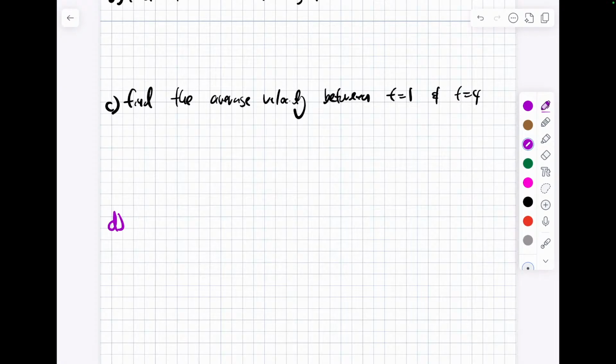Find the average velocity between t equal to 1 and t equal to 4. And D says, hey, can you find the time when the ball hit the ground?